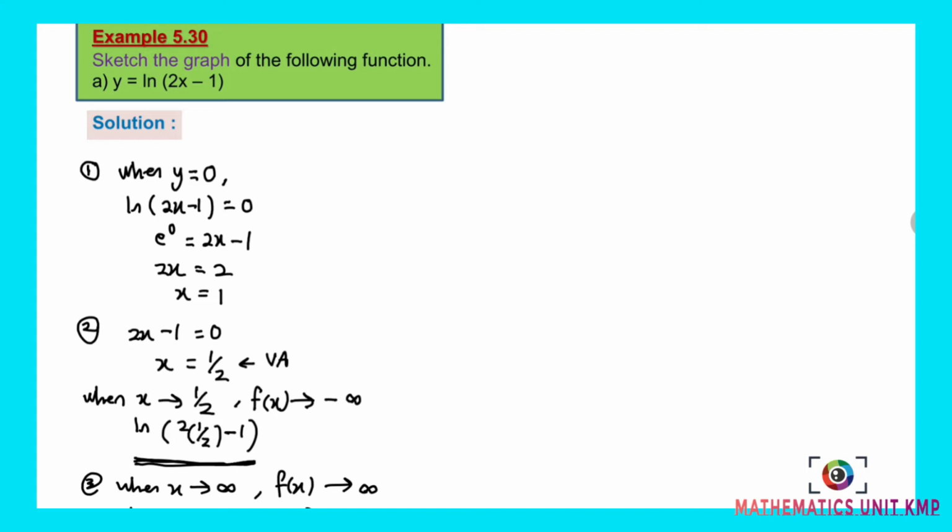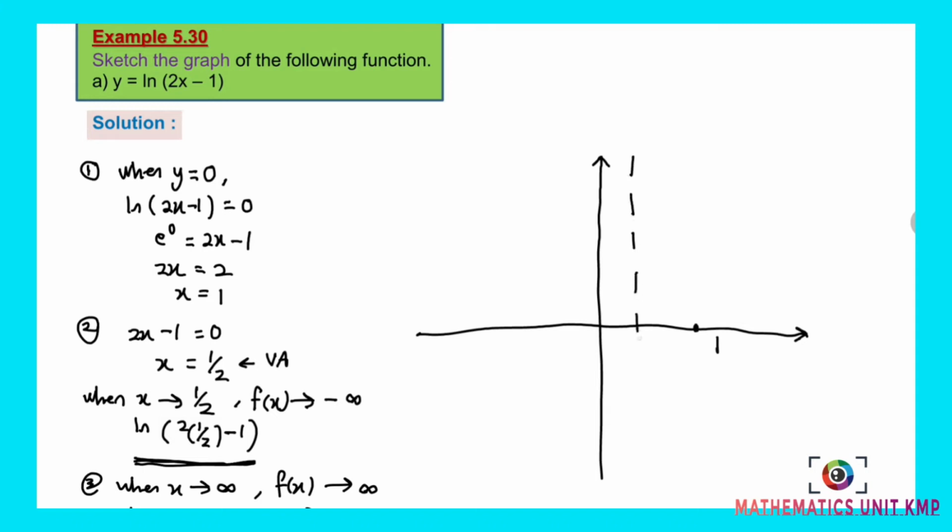Now we go to the graph. Right. First is the point x equal to 1 around here, 1. And the vertical asymptote is x equals to half, since the asymptote, ya. Nah, dia garis putus.